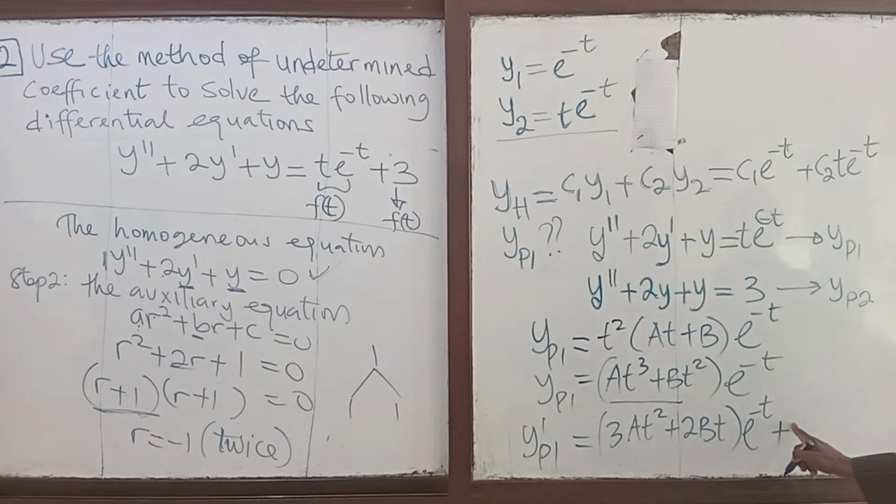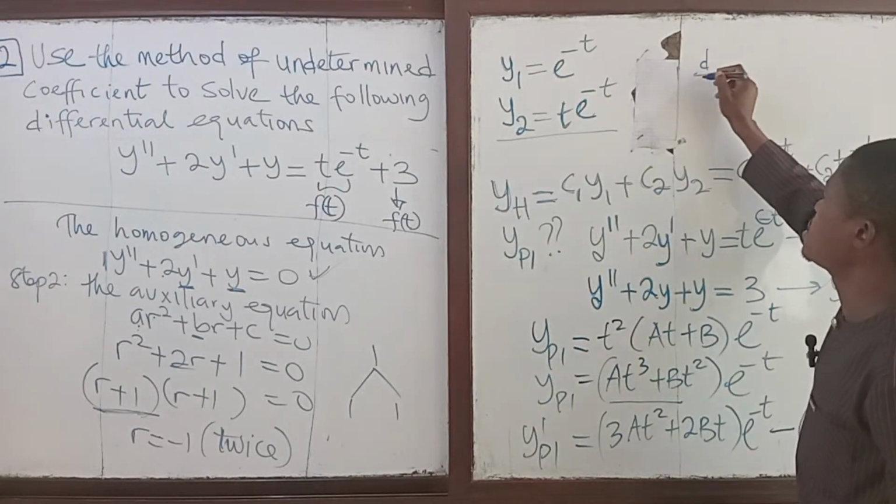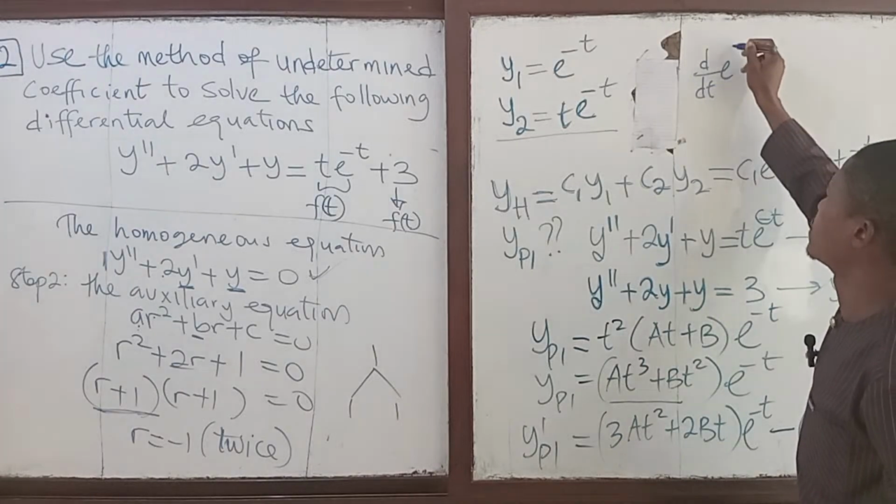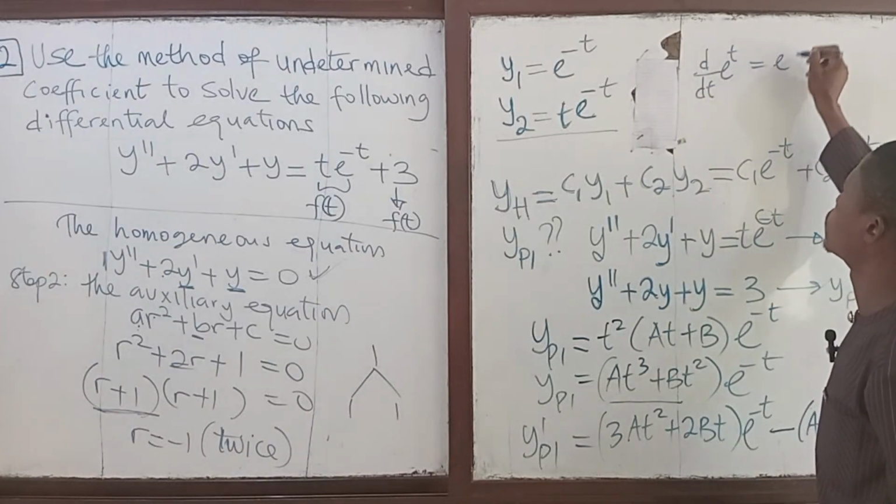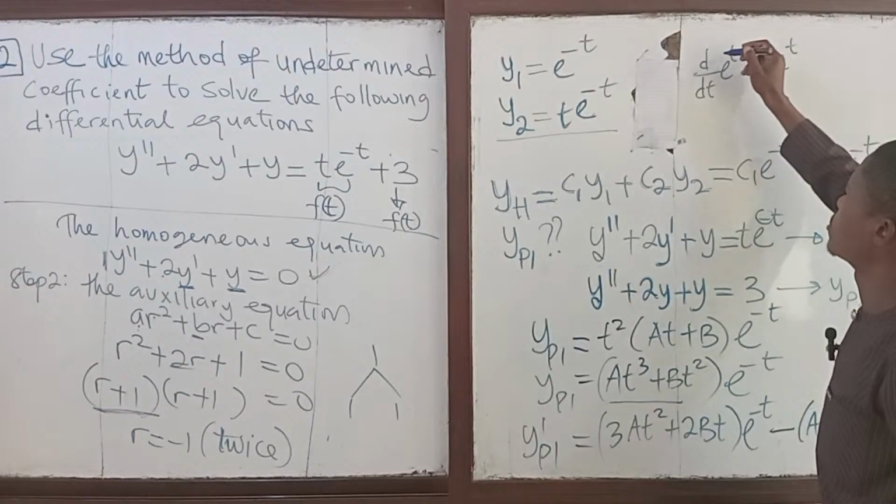That'll be minus, at cubed plus bt squared, times e to the power minus t. When you differentiate e to the power t, it gives you the same function.